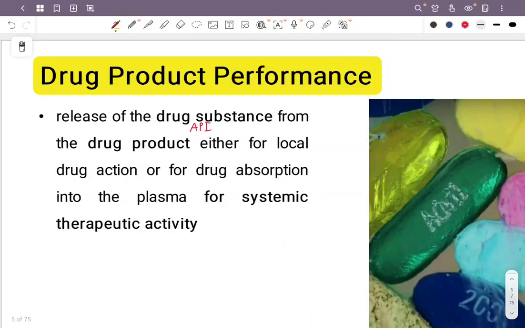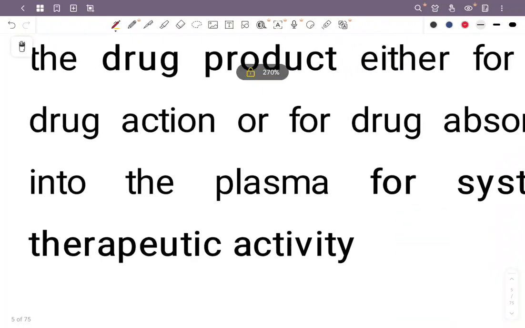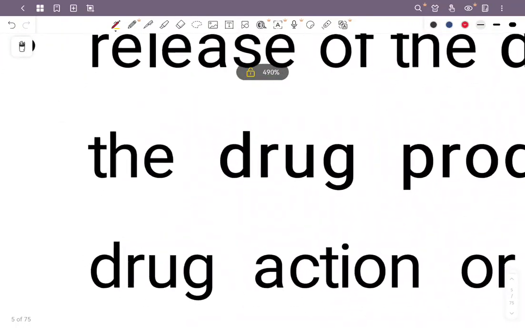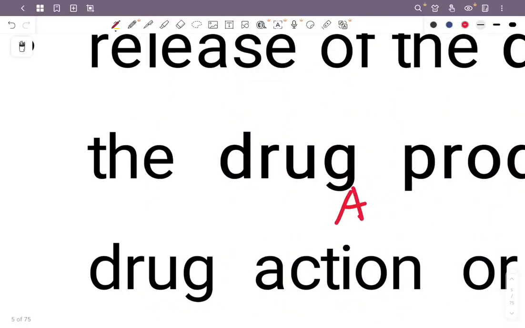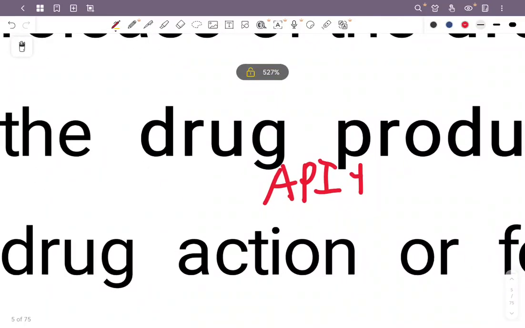Meanwhile, when we say drug product, this is different from our drug substance because a drug product consists of our API and excipients.